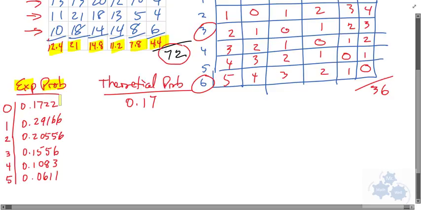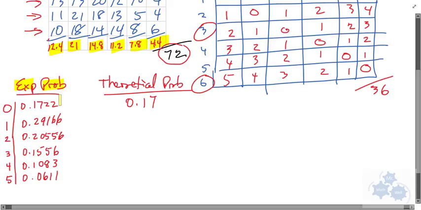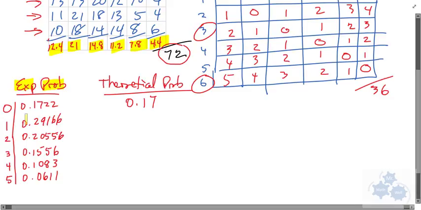So probability can be expressed as a decimal between 0 and 1. 0 means there's 0 chance of this happening, or 0 probability this will happen. And exactly 1 is an absolute certainty that it will happen. Okay? So anything in between tells you what the likelihood of an event happening would be in terms of probability. So we can write this as a decimal, which I have in this chart.